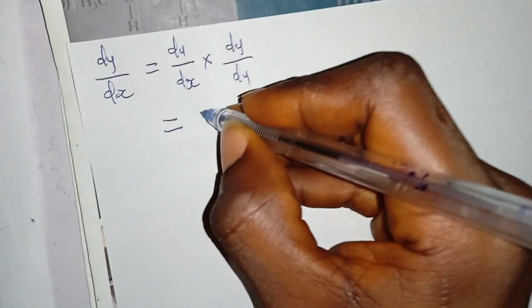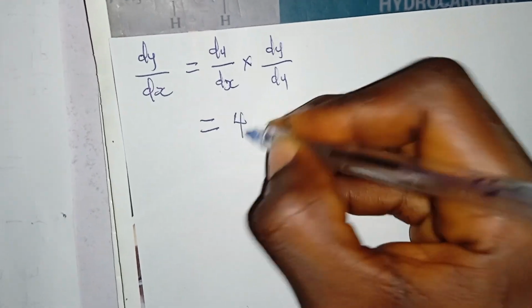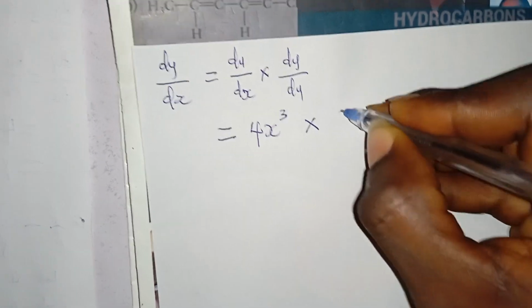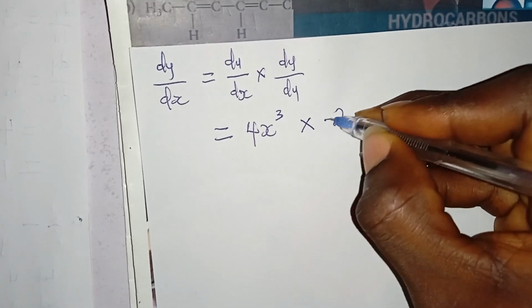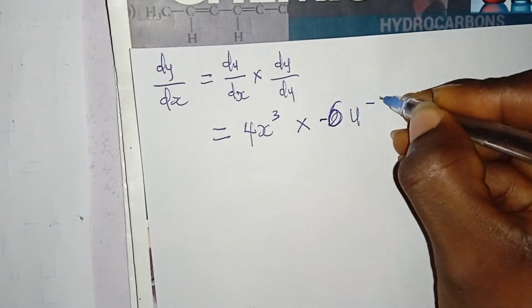Now bringing this, du over dx is 4x cubed times dy over du, which is 2 times minus 3, is minus 6u raised to the power minus 4.